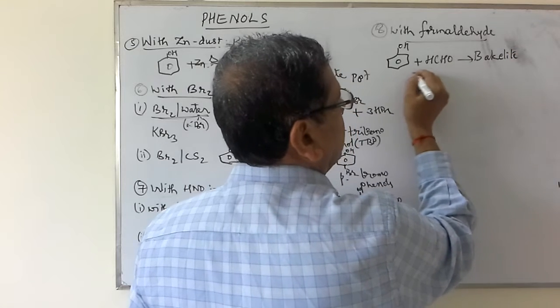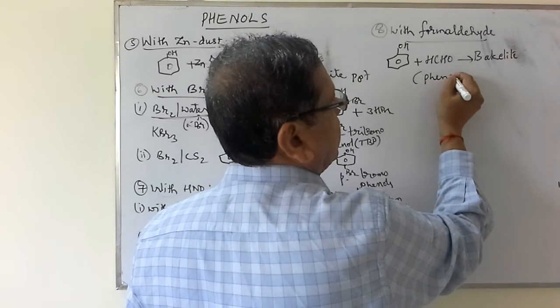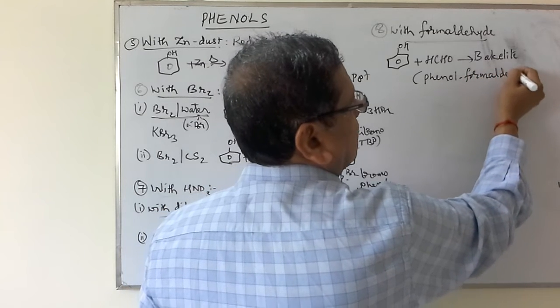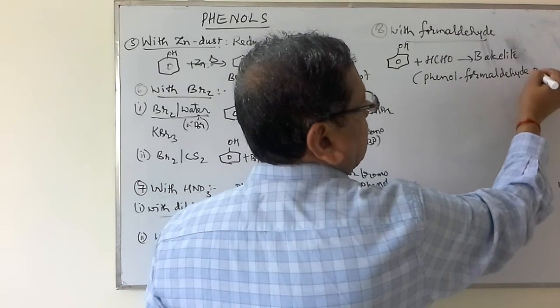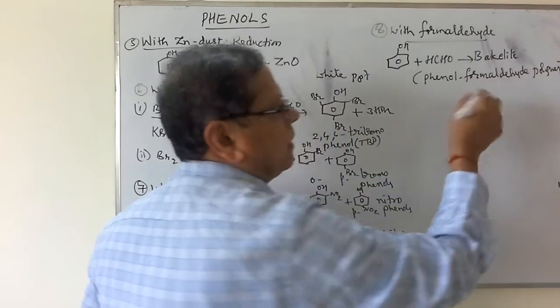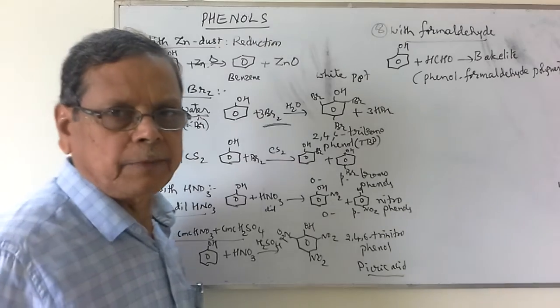Bakelite is a phenol formaldehyde polymer. Actually, it is a three-dimensional polymer, that we will discuss in the polymer chapters.